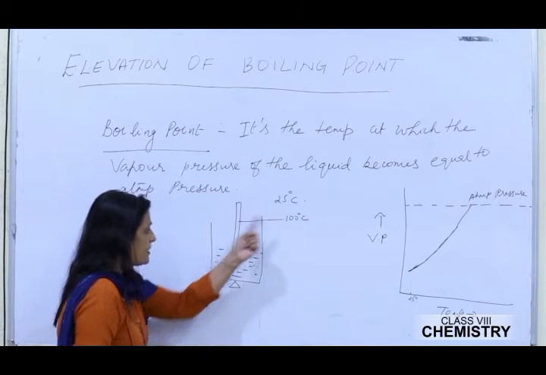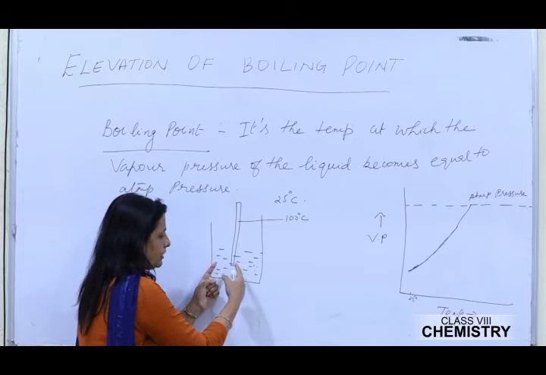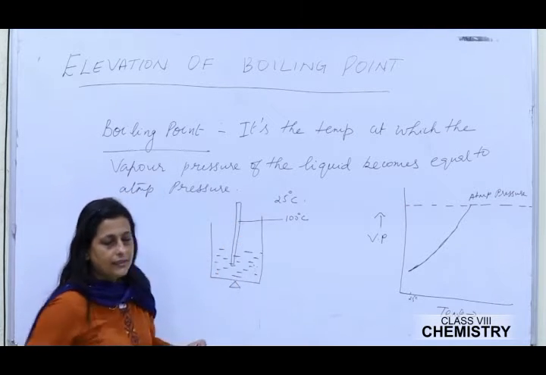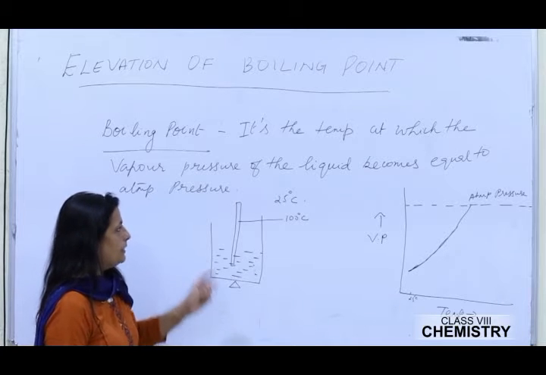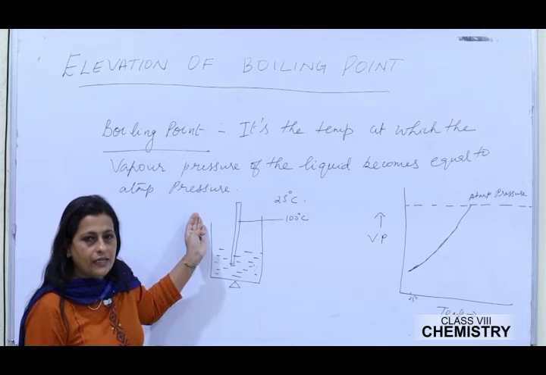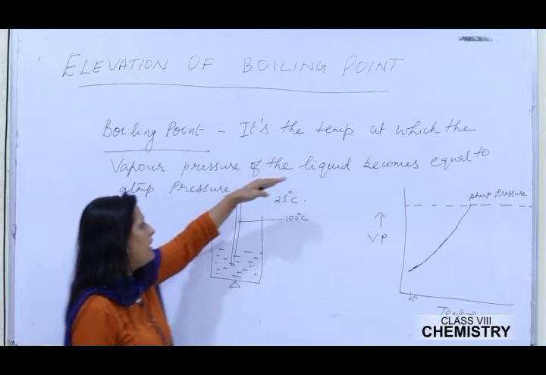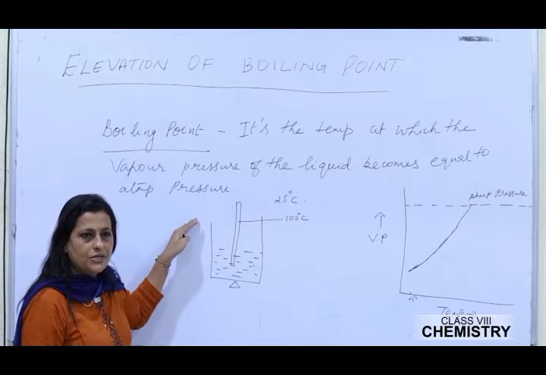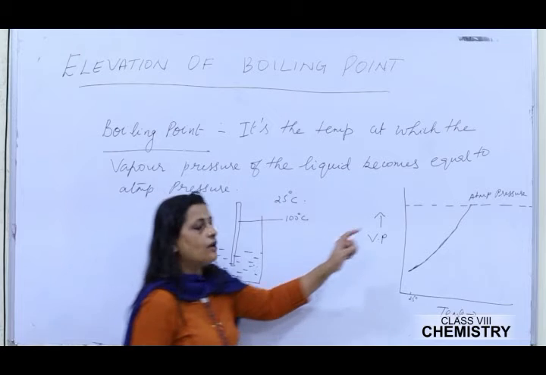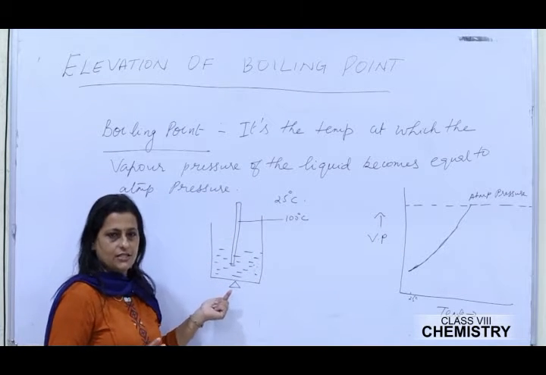Then at 100 degrees C, you go on supplying heat and the water is getting heated, but the temperature in the thermometer is not increasing. Why? Because the vapor pressure of water has become equal to atmospheric pressure. After that, if we supply heat, the temperature is not going to increase. So it's just a waste of energy.